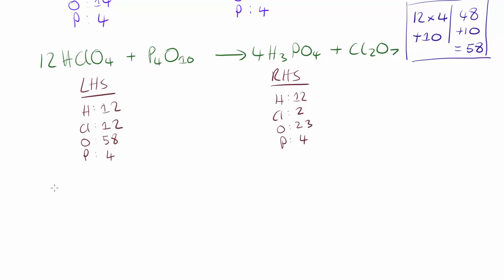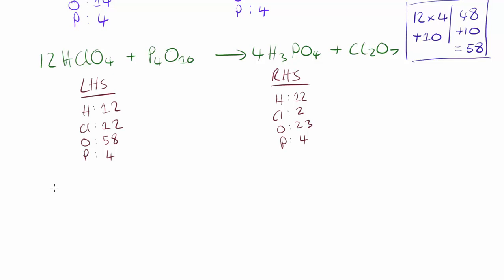Now, one of the species which you can quite clearly see is Cl₂O₇, right? And in the case of Cl₂O₇, if we added a coefficient there, it would affect only the number of chlorines and oxygens on the right hand side, without affecting the hydrogens and the number of phosphorus. So this is what our focus is on.